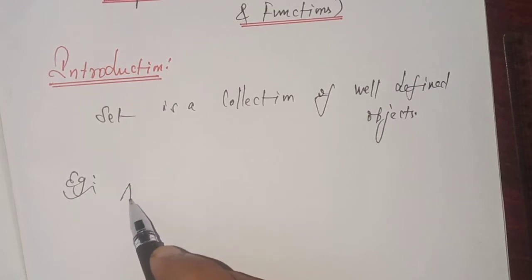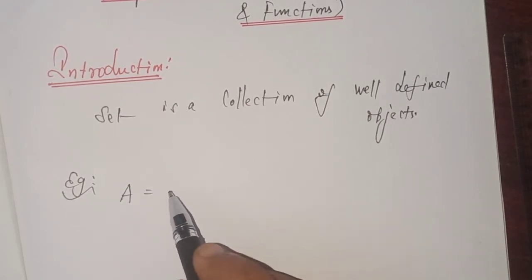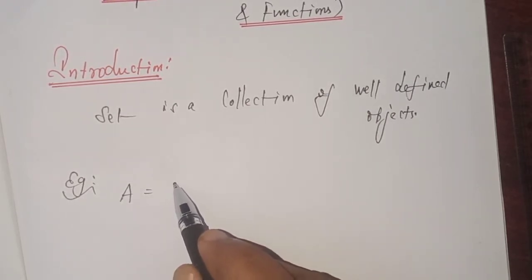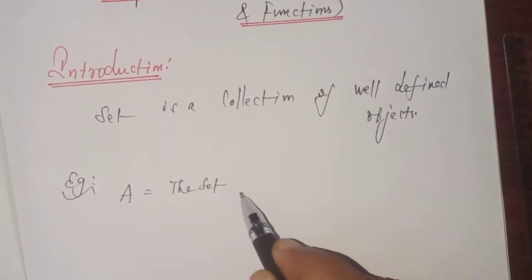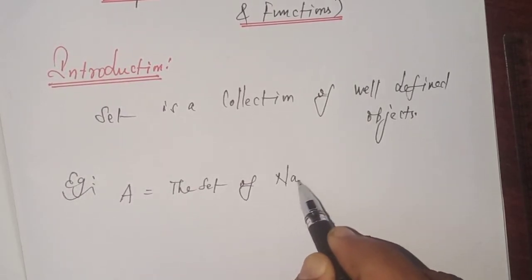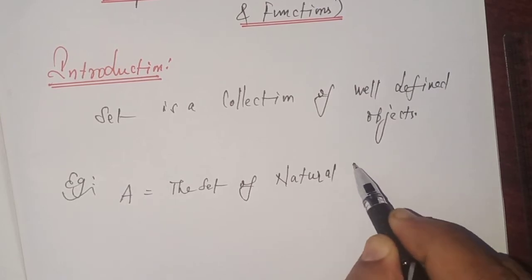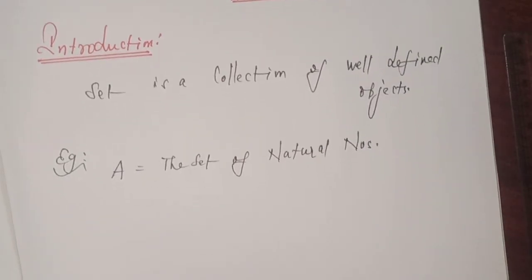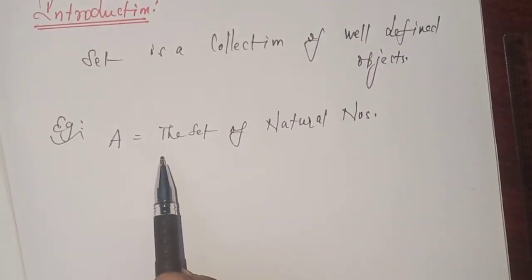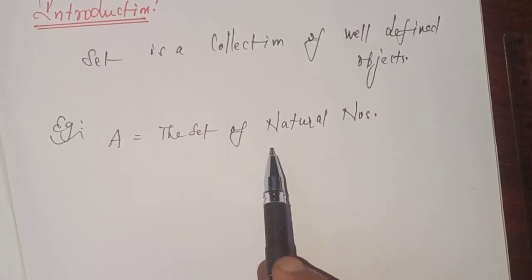I consider capital A equals the set of natural numbers. This is a representation of a set in a descriptive form.